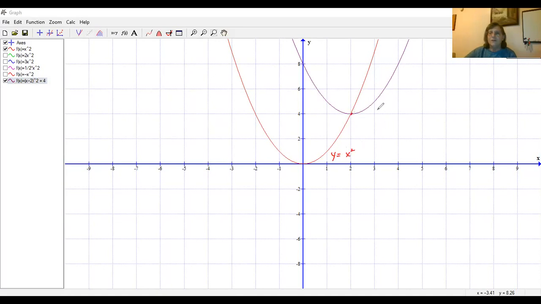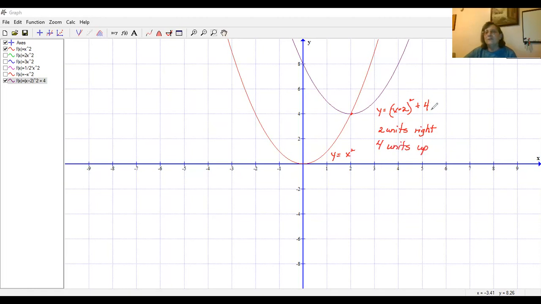This is the graph of y equals x minus 2 squared plus 4. So if you recall from your translations, this minus 2 should move it 2 units to the right. And the plus 4 should move it 4 units up.